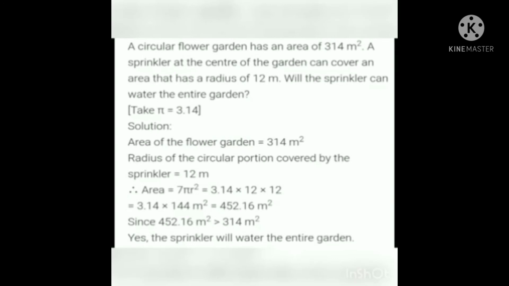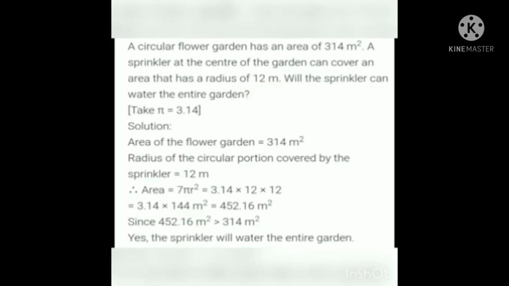Now the question is whether this sprinkler waters the whole garden. The area of the whole garden is given as 314, and only one more factor is given. This sprinkler waters and makes a circle. That means the water forms a circle, and the radius of that area is given as 12 meters. That means the sprinkler waters to an extent of 12 meters.